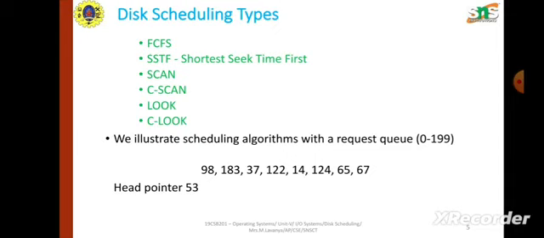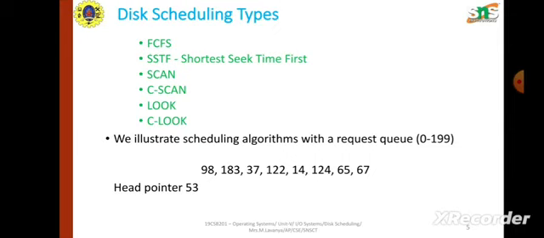The bandwidth allocated for the disk is also given, here 200 cylinders. So we are considering the initial position as 0 and the final as 199. In total, there are 200 cylinders, and the initial head pointer will be given.